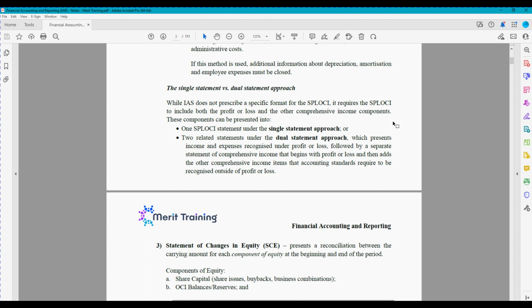Number one, you can just do it as a single statement, which is called the single statement approach, and this will have your P&L and OCI together, all in the single report. Or you can do the dual statement approach, which first presents the income and expenses under the P&L, and then you have a separate statement, called the statement of other comprehensive income, which starts off with the profit and loss from the previous page and then works from there.